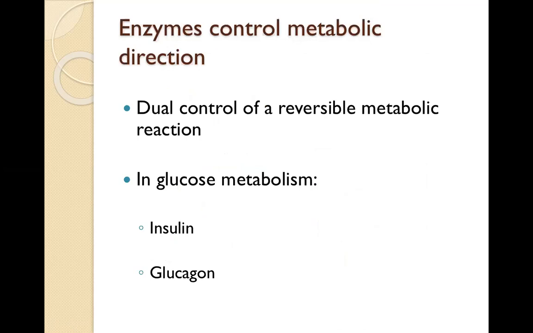And the answer to this is in that dual control of reversible metabolic reactions that we talked about a couple of lectures ago. It's about having two different enzymes that control each direction of a metabolic reaction. In glucose metabolism, the two main players that will help determine one direction of a reaction compared to another are insulin and glucagon.